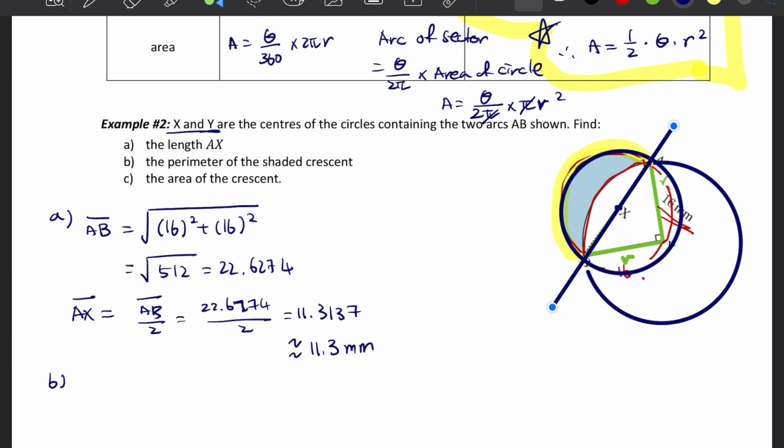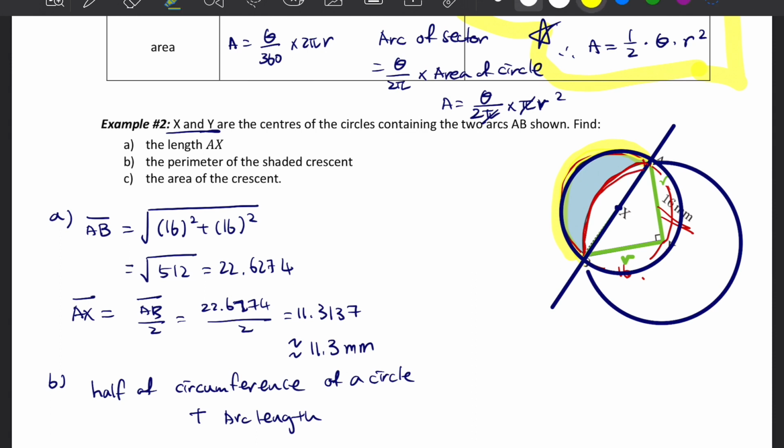And this A to B is half of the circle, right? So we need to find half of the circumference of a circle, plus we need to find the arc length, which means this part here.